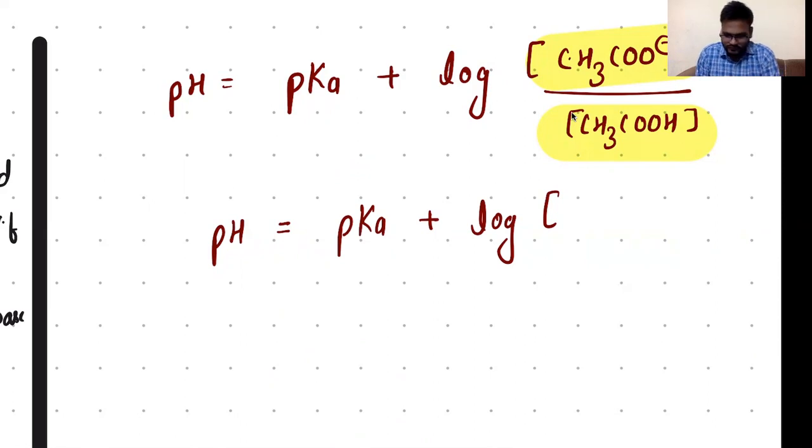Okay, you can write the conjugate base coming from the salt. In our case, the concentration of salt will be equal to the concentration of conjugate base. If a salt is producing double the number of conjugate base, then here we will use 2 into the concentration of salt. If any given salt is producing triple the number of conjugate base, then we will write here 3 into the concentration of salt, upon the concentration of acid.